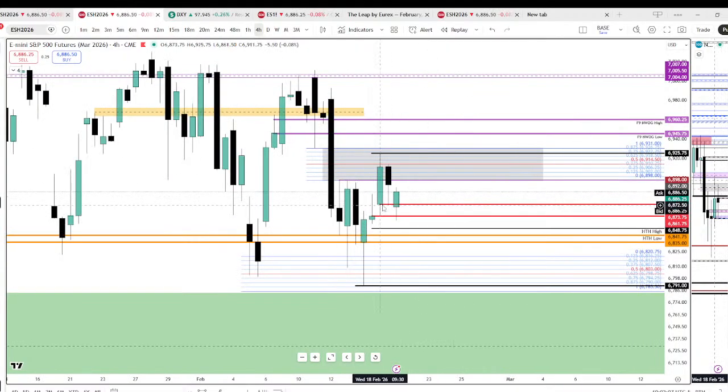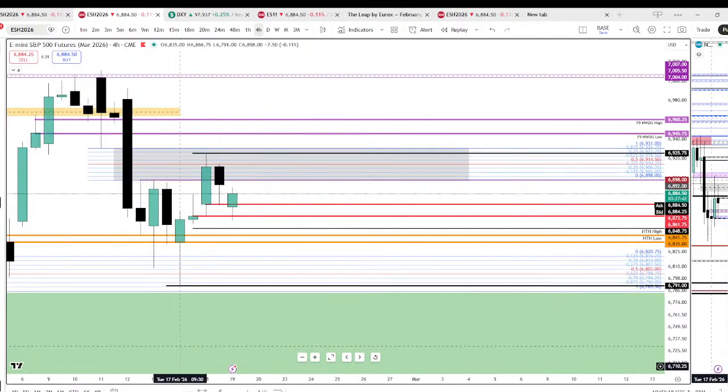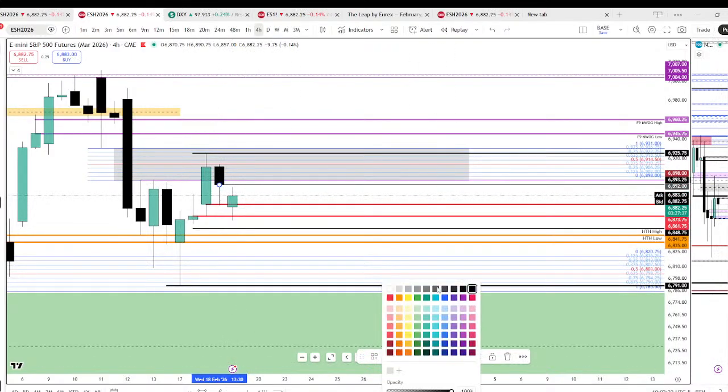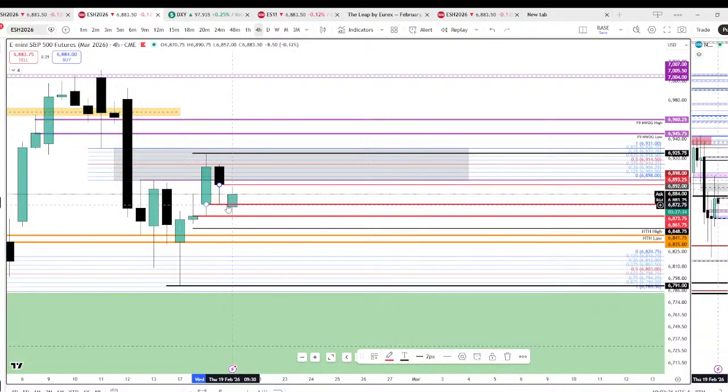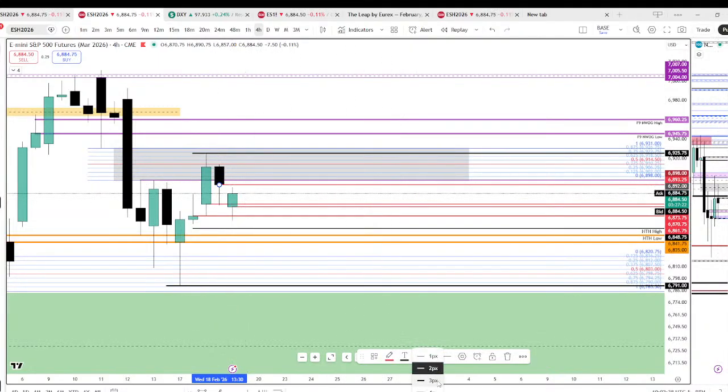Today, well, we want to have that marked out, but we also want to, so I'll put these down, and I don't want to clutter my chart too much here.